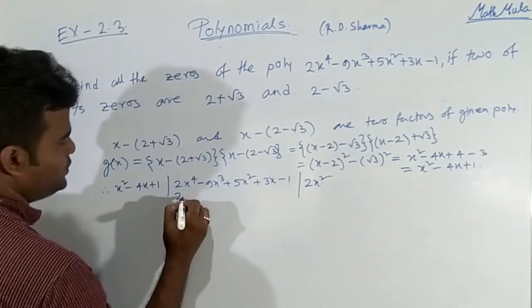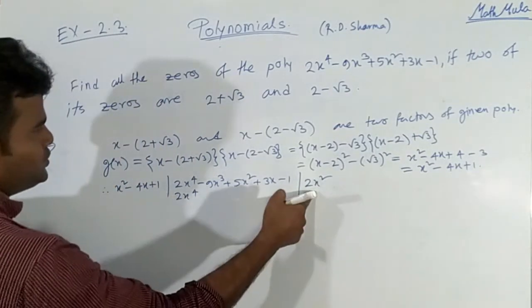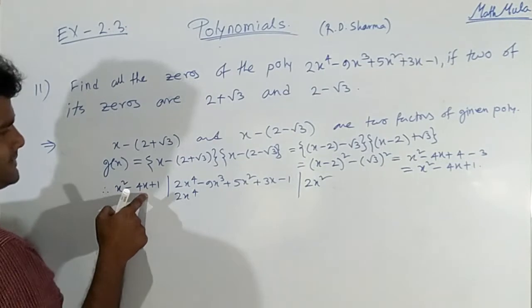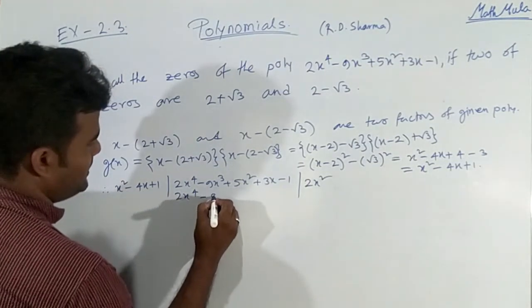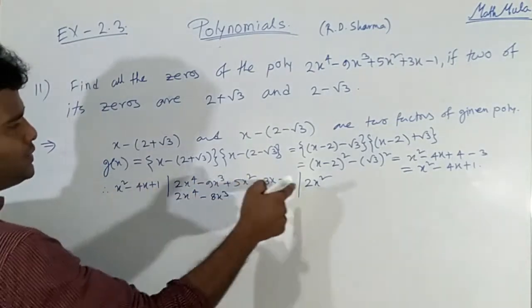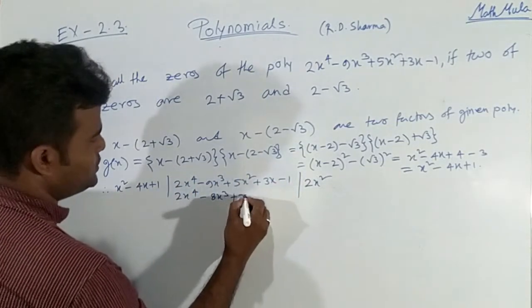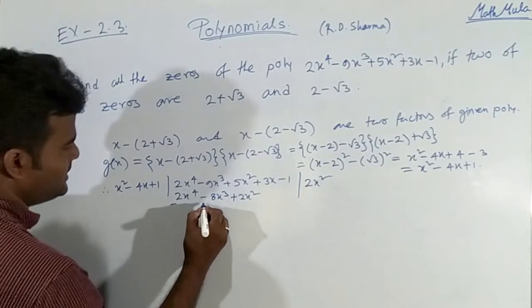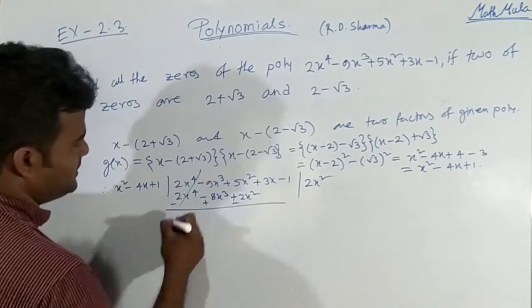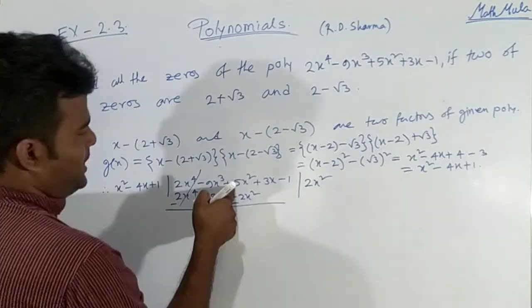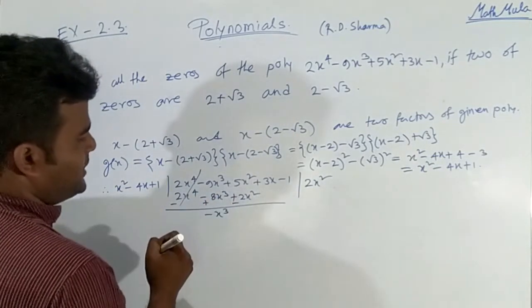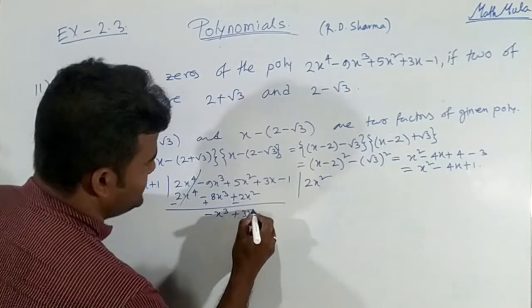Now it will be 2x^4, then 2x^2 times minus 4x gives minus 8x^3. Then 1 into 2x^2 is plus 2x^2. Now subtract it, minus becomes plus, and the terms cancel. Minus 9 plus 8 is minus x^3, plus 5x^2 minus 2x^2 is plus 3x^2, plus 3x, minus 1.